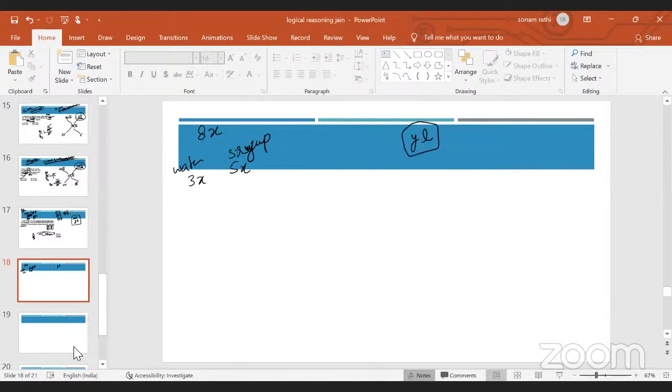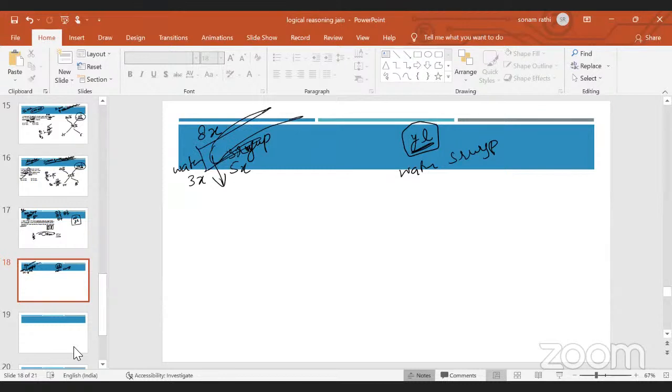This y liters also has water to syrup in the same ratio, yes or no? Because you're taking it out from this vessel only, right?